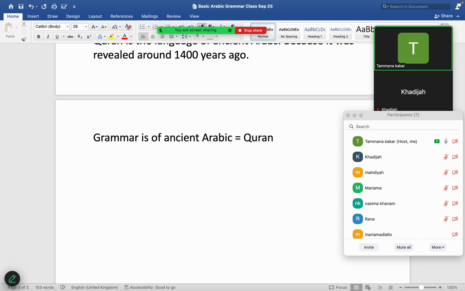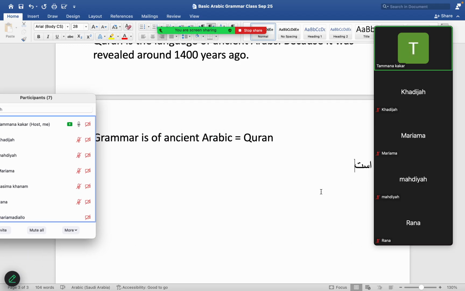Do you understand all three different kinds of Arabic now? I'll give you one example from the ancient Arabic of the Quran where the word has totally changed. Istimar means to build.